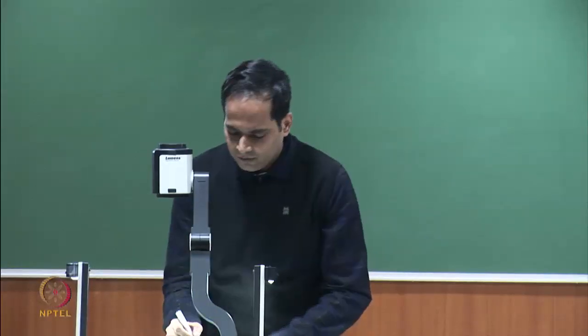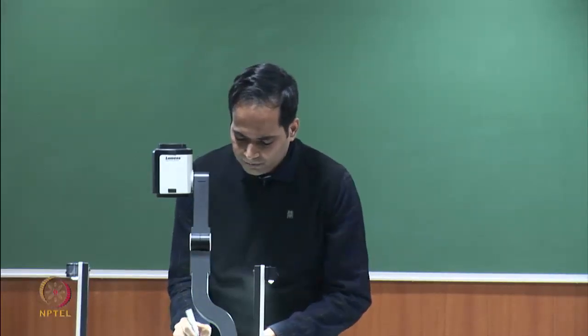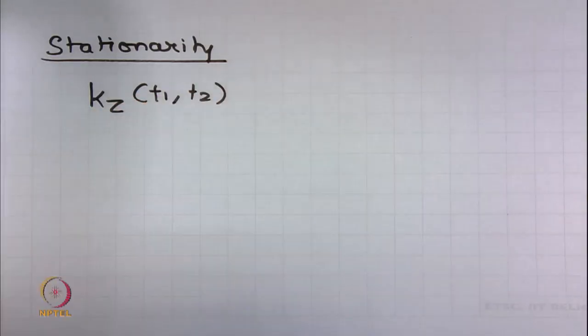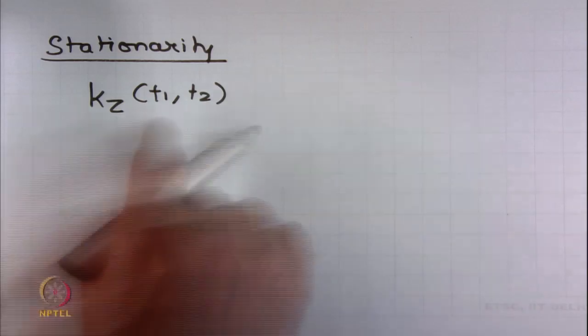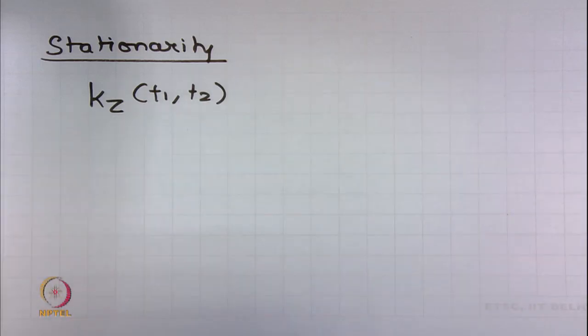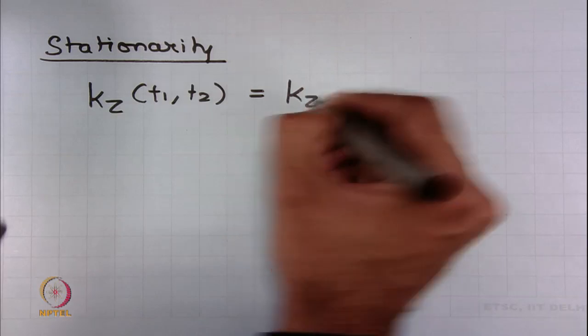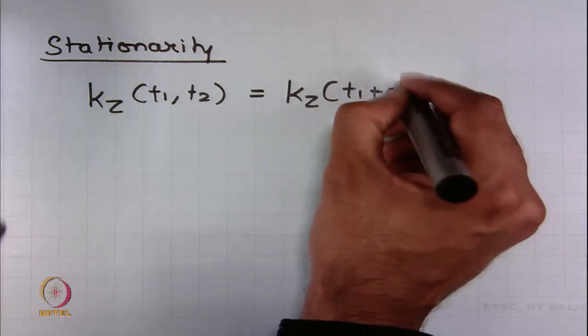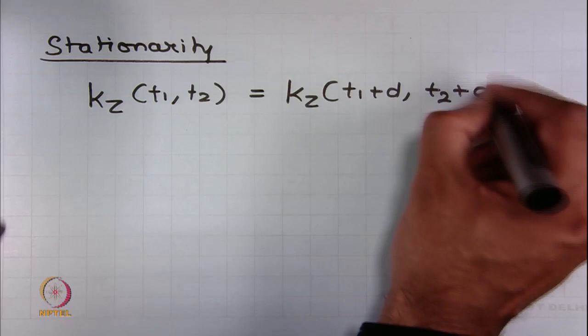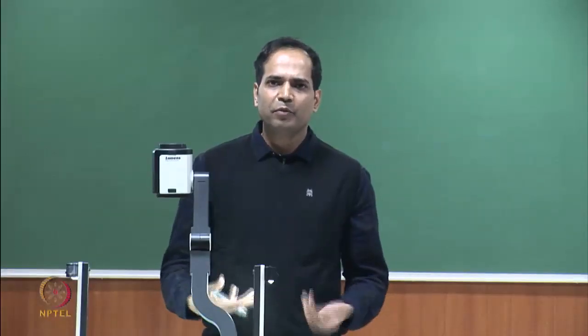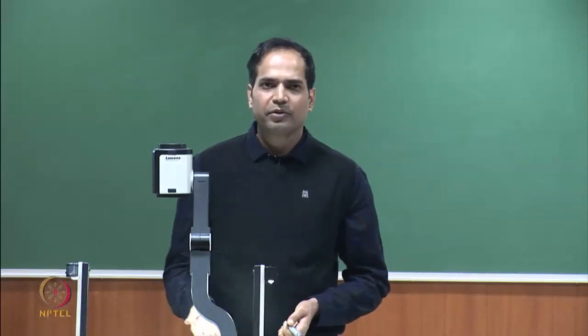So, let us say that we have a covariance function. We have already defined what a covariance function is. Let us assume that we have obtained a covariance function by sampling the process at time instances t1 and t2. Now, this covariance function should also be the same as the covariance function with t1 and t2 each shifted by d units, because the process is stationary.